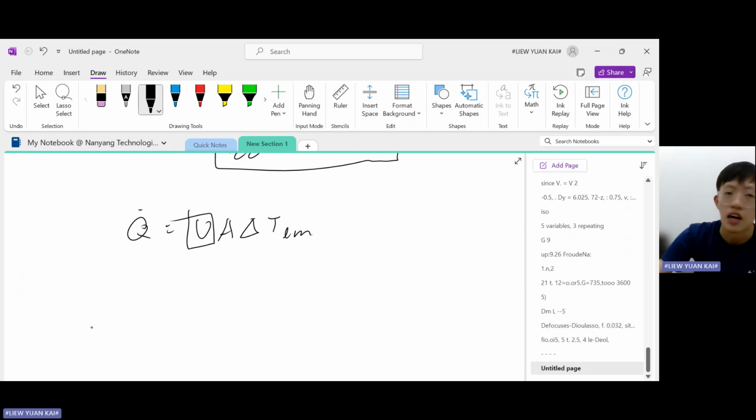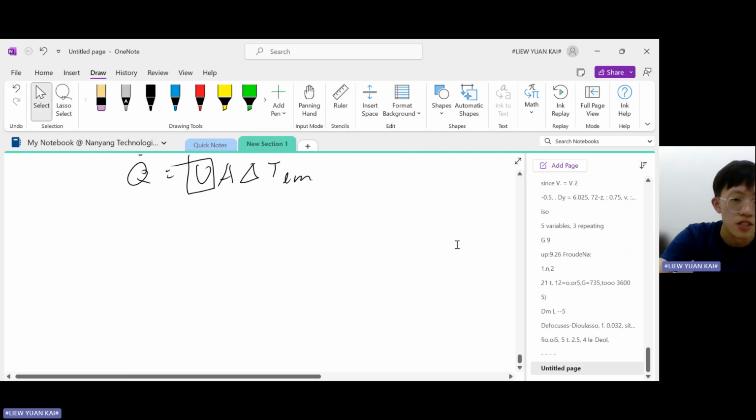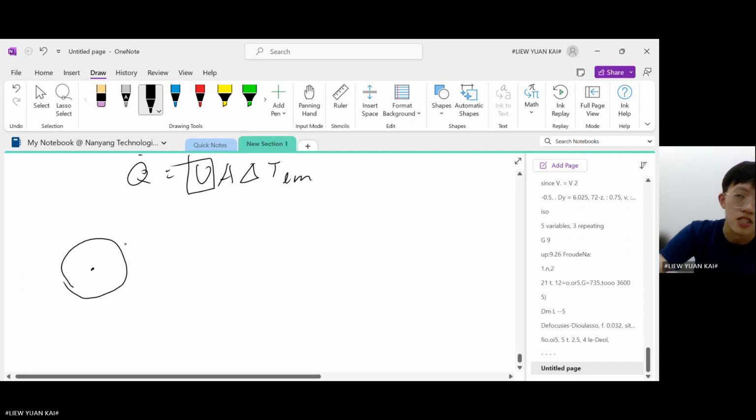So how do you calculate U? I've done this many times in the tutorial, I think twice already. First you draw out the cross section of the tube. Please draw it. Then you consider the thermal resistances from the inside of the tube to the exterior of the tube.